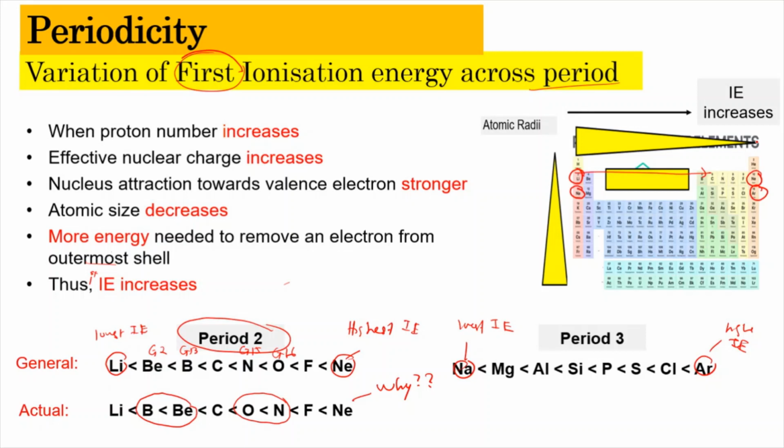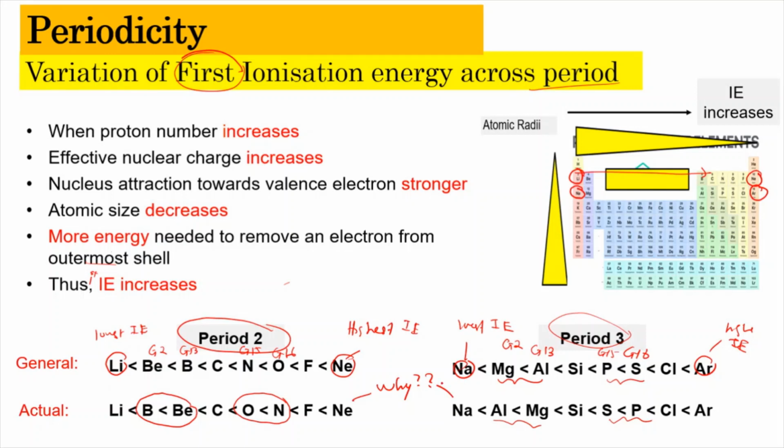But in actuality, there is also a shift in position at this part and at this part here. Again, it happens at group 2 and group 13, and also at group 15 and group 16, the same groups but in a different period. So why is this happening?